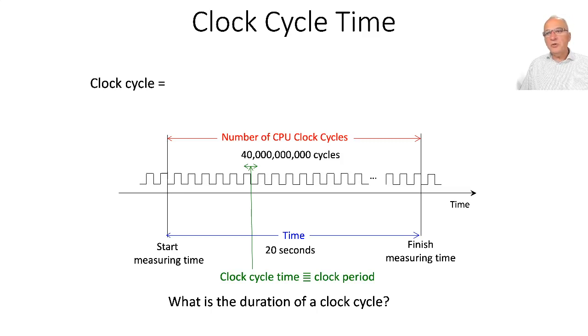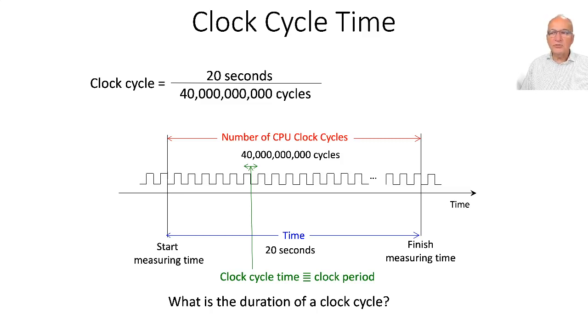And again, I can compute that. The duration of a single clock cycle will be given by the time that it took for me to measure, divided by the number of cycles that I have observed. So if I divide the total time by the total number of cycles, I will have the clock cycle time. And the clock cycle time then will be 0.5 times 10 to the 9.